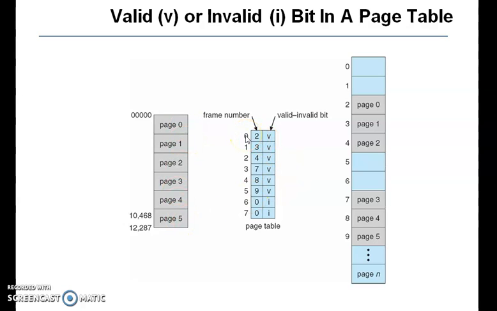The pages have corresponding frame numbers, that is 2, 3, 4, 7, 8, 9. Page 0 is mapped to frame 2, page 1 to frame 3, page 2 to frame 4, page 3 to frame 7, page 4 to frame 8, and page 5 to frame 9.